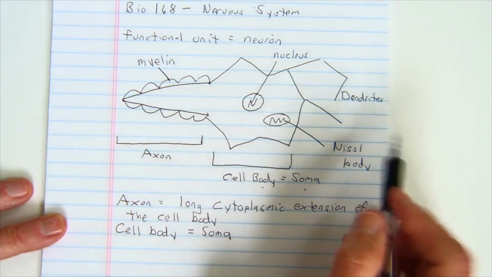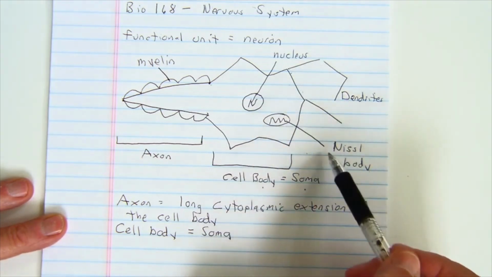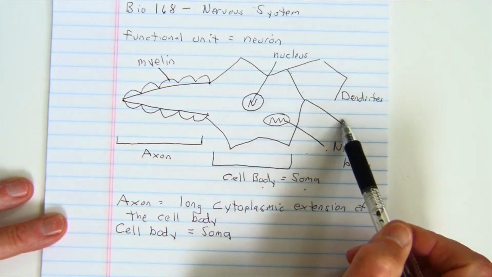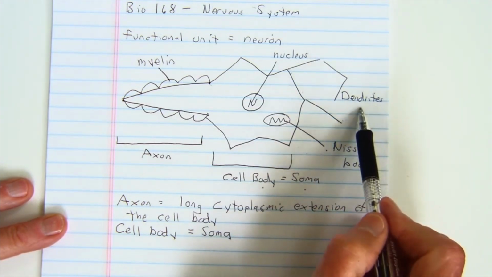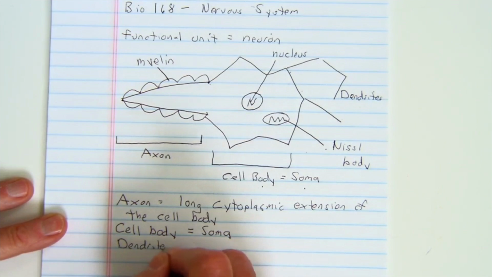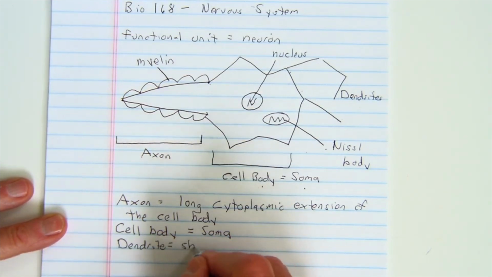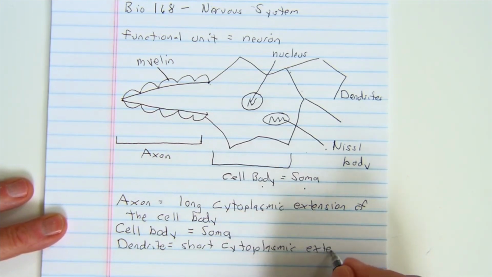And then if you notice, there's some small or shorter extensions coming off of that cell body. I see one here, and I see another one over here. And therefore, those are called dendrites. So therefore, a dendrite is going to be a short cytoplasmic extension of the cell body.